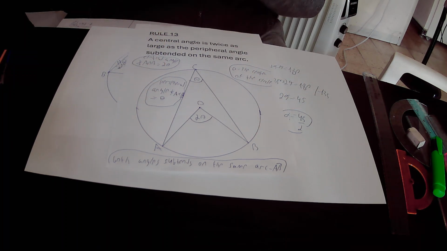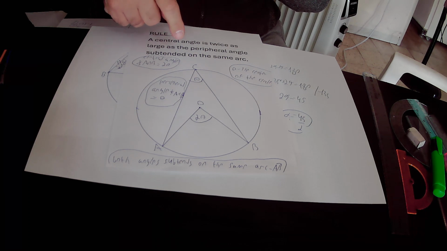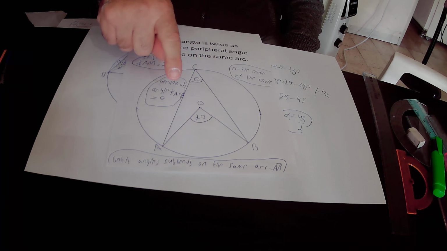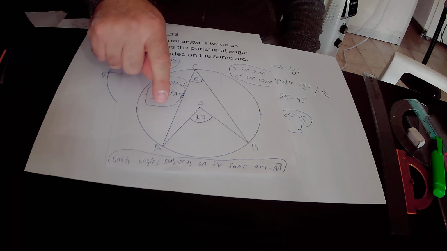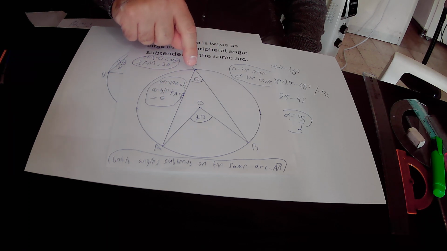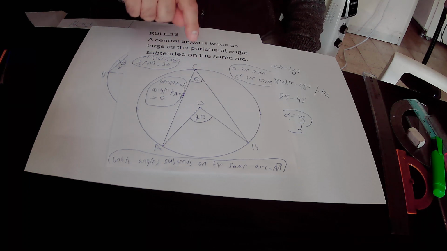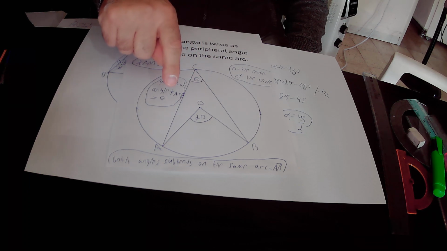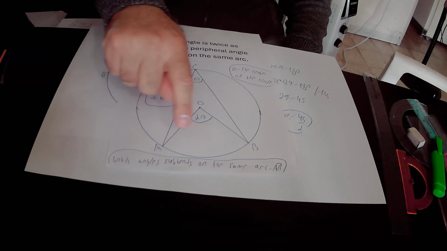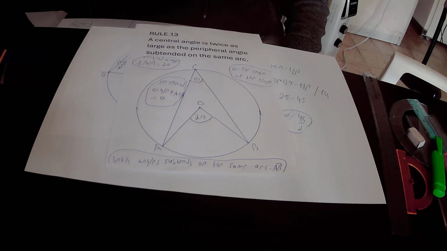And according to rule number 13, the central angle AOB that subtends the same arc as the peripheral angle ACB must be twice as large as the peripheral angle ACB. So if peripheral angle ACB equals theta, then the central angle AOB that subtends the same arc AB must be equal to 2 theta.